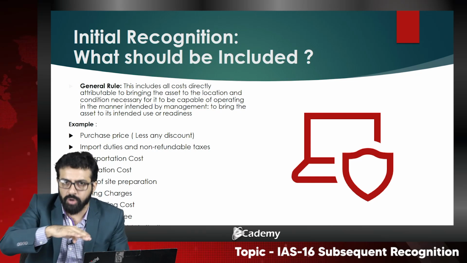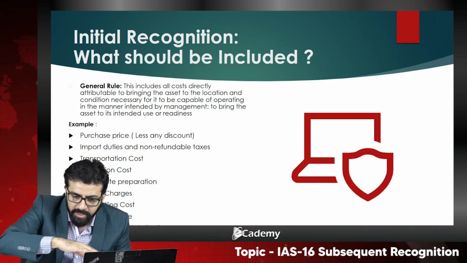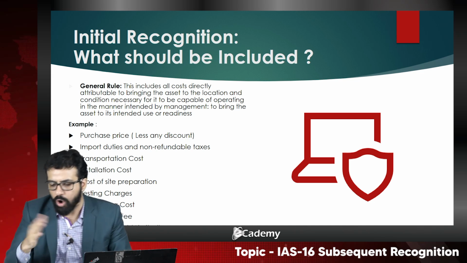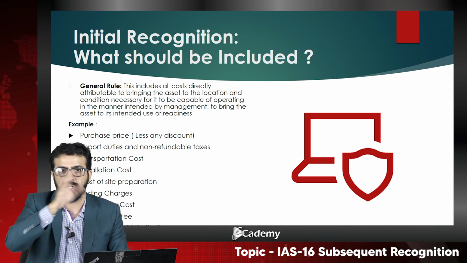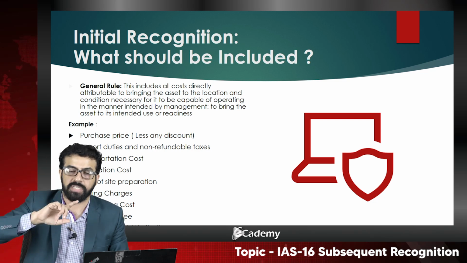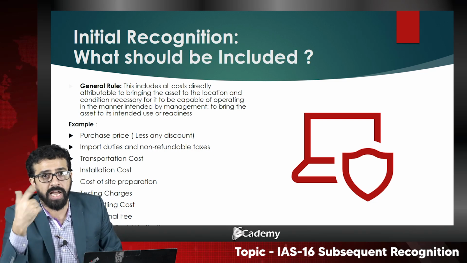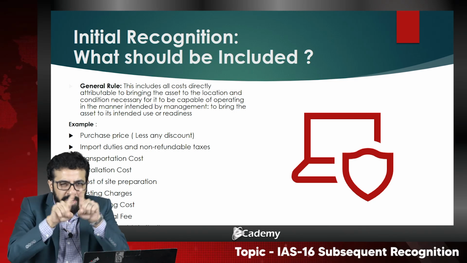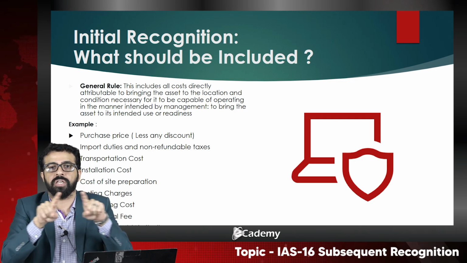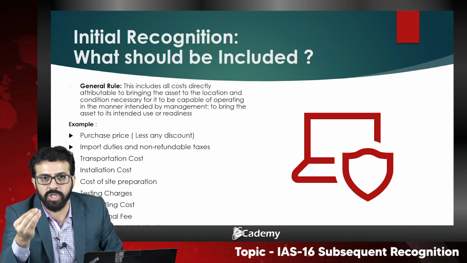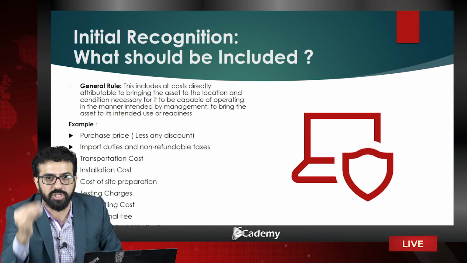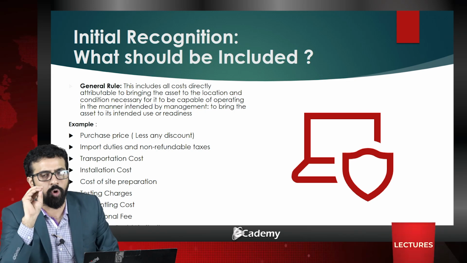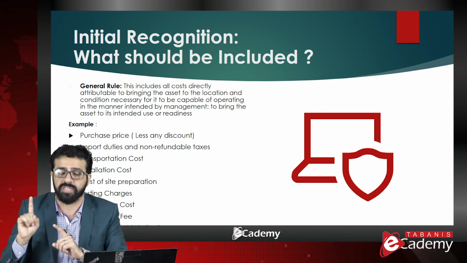So the modification of the land and the creation of the base, or bringing the site back to its original condition as it was had the asset not been installed, is known as the dismantling cost. And as I've told you, we will discuss it later in IAS 37 in detail.